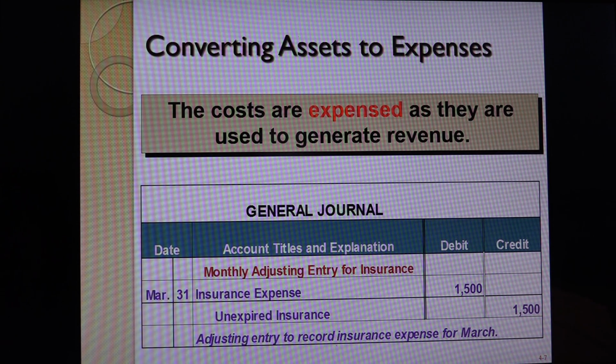And so at the end of the month, they make the following entry: debit, insurance expense; credit, unexpired insurance. So what that does is that increases the insurance expense account from 0 to $1,500 at the end of March 31st. It decreases the unexpired insurance account, the asset account, by $1,500.